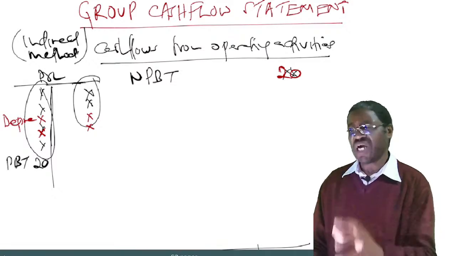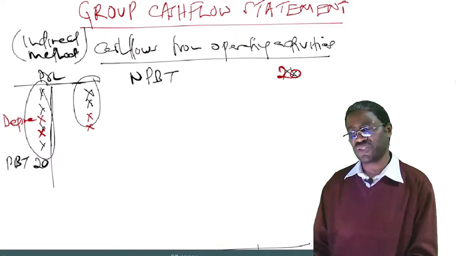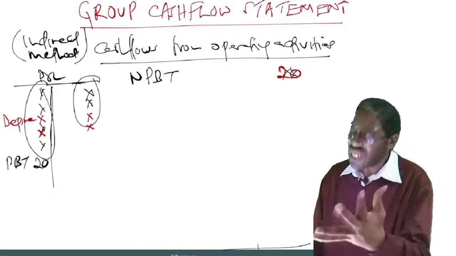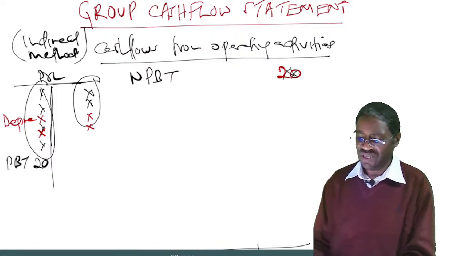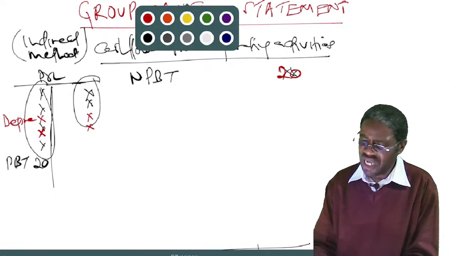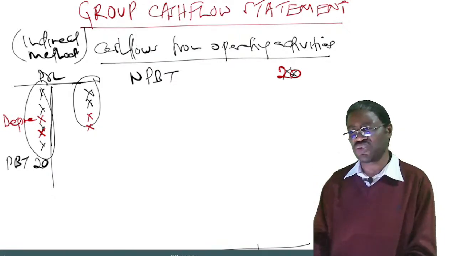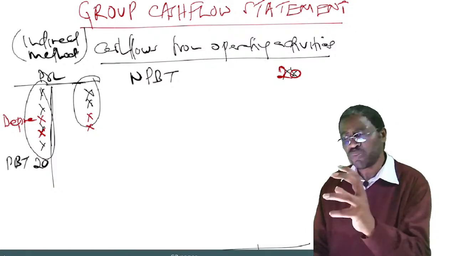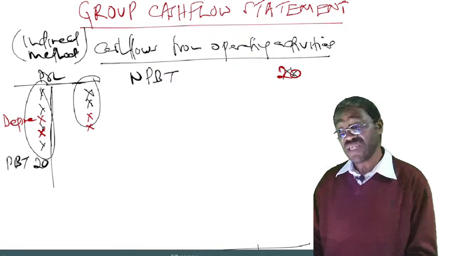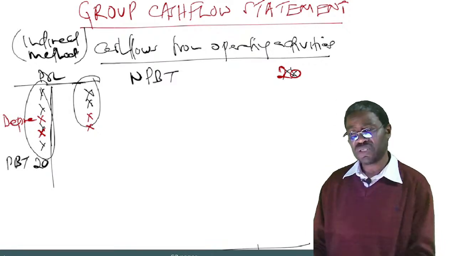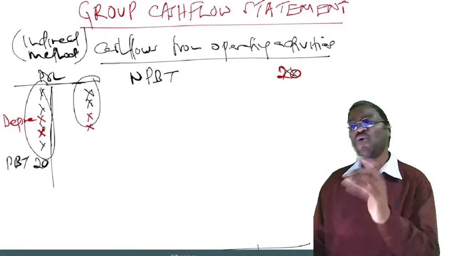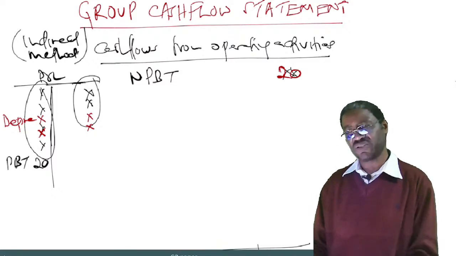We normally charge depreciation in the profit and loss, but we normally don't pay anything for it. It's a non-cash item. So assuming depreciation was not in the P&L account, what would have been the true profit? Would the true profit have been more than 20 million or less than 20 million?